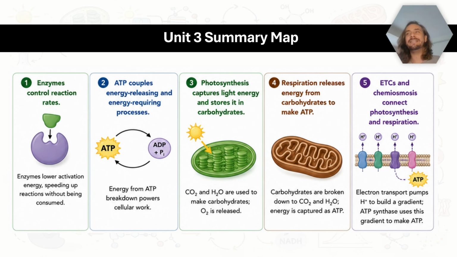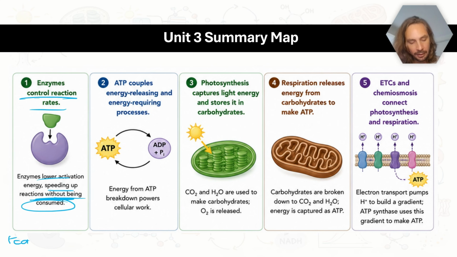So for the big summary map, enzymes control reaction rates and they lower the activation energy, they speed up reactions, and they can be used over and over again without being consumed, meaning it doesn't form part of the reaction.